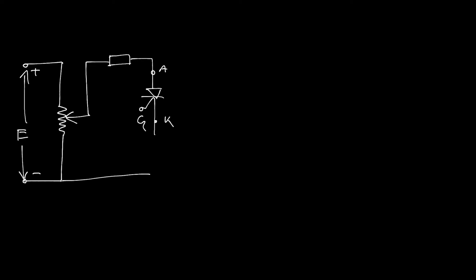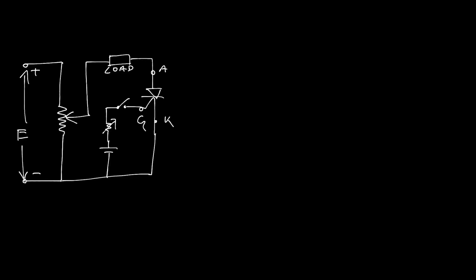This is the supply voltage E, which is connected to a variable resistance or rheostat, through which we are giving the supply voltage to the SCR. This part is the anode, this part is the cathode, and this is the gate terminal. The gate is also connected to a switch, a variable resistance and another source for gate triggering. This is the load.